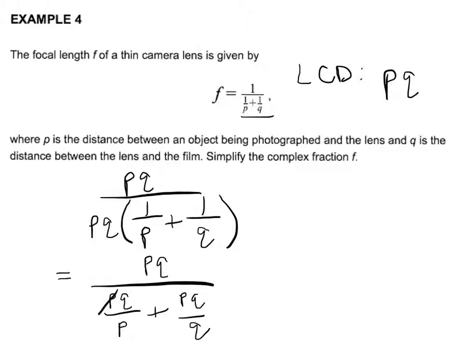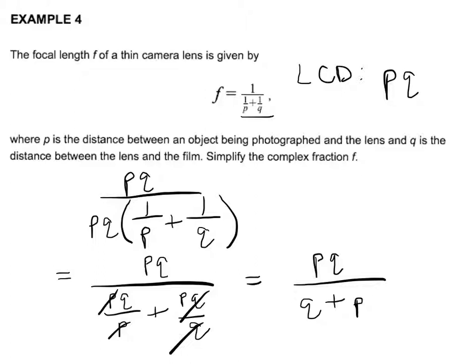So the P's are going to cancel in the first expression, and the Q's are going to cancel in the second one. And that just leaves us with PQ over Q plus P. And this is the most simplified form of this original expression.